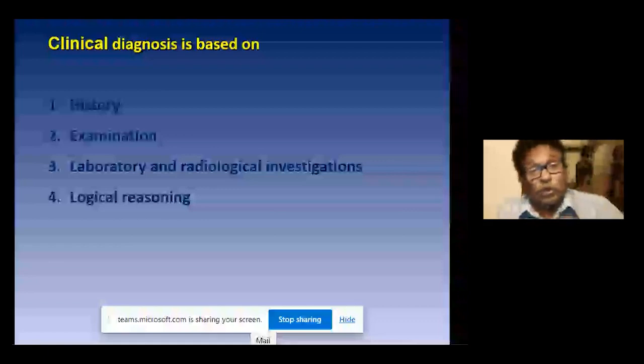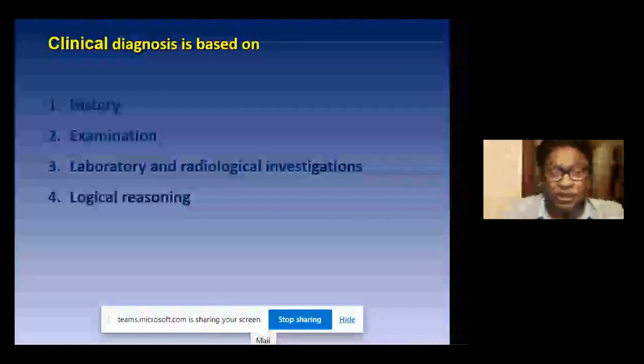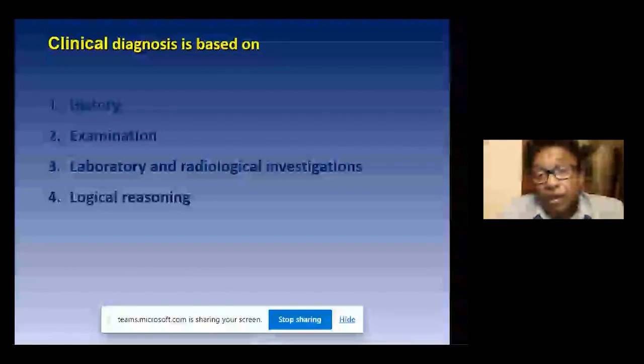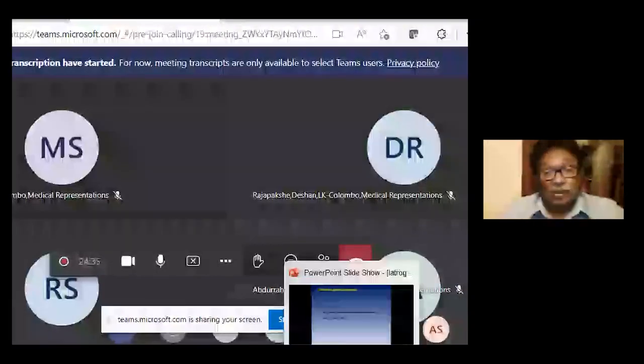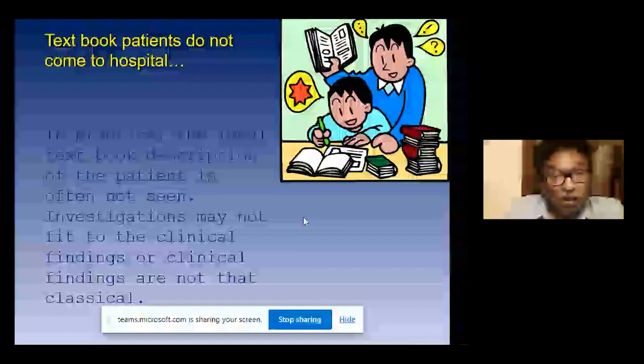So it's a long process that you will learn when you are dealing with patients. Right. Number two, you have to examine the child properly. Then you have to take laboratory and radiological investigations, and then you have to do logical reasoning.